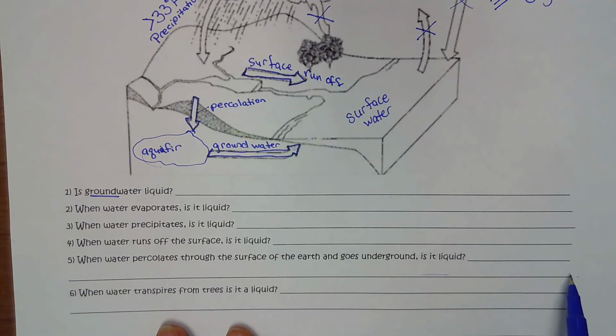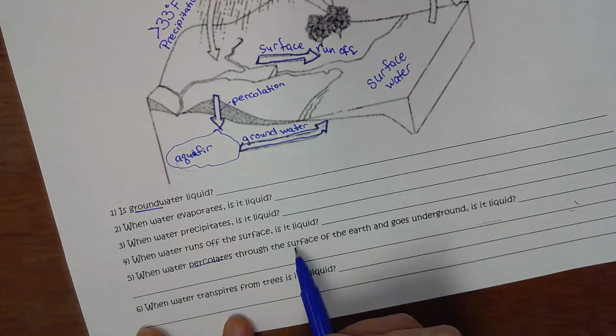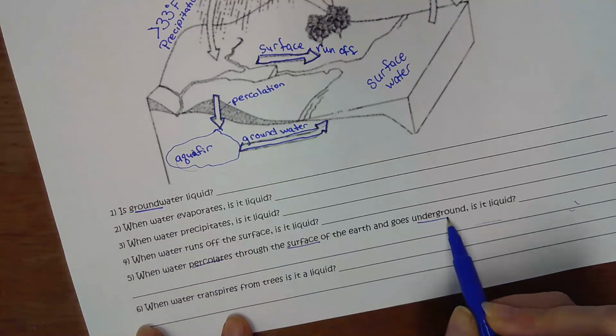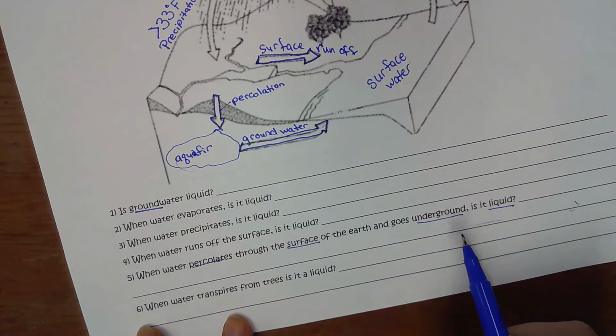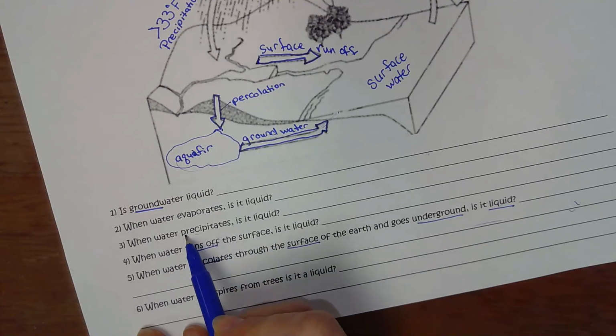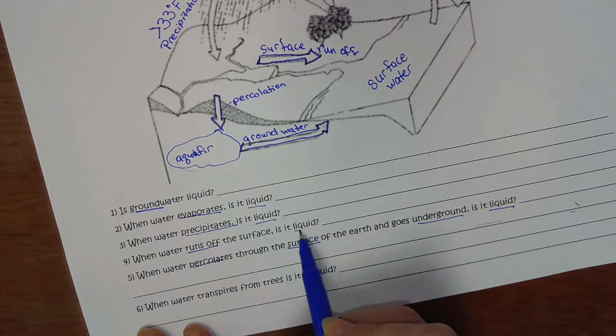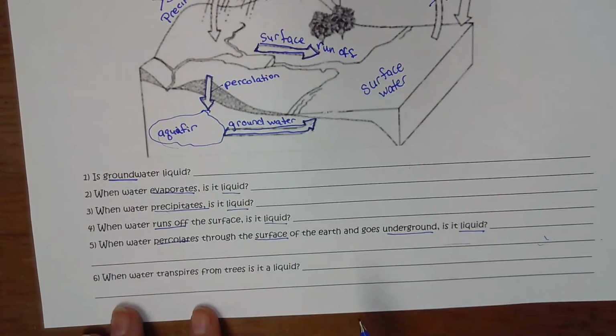Whatever you think is the correct answer, all of that gets written on the line. Why? Because you need to start applying words like percolate, surface, underground, liquid, runoff, precipitate, evaporate, and we're applying all of these ideas of liquids.